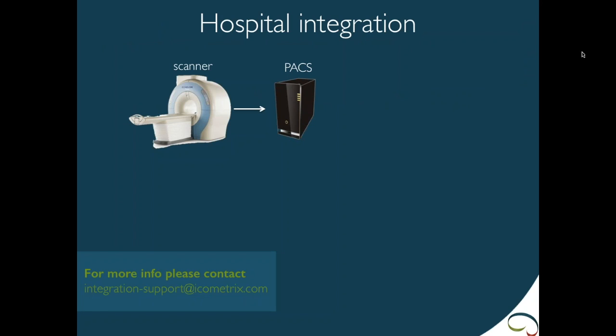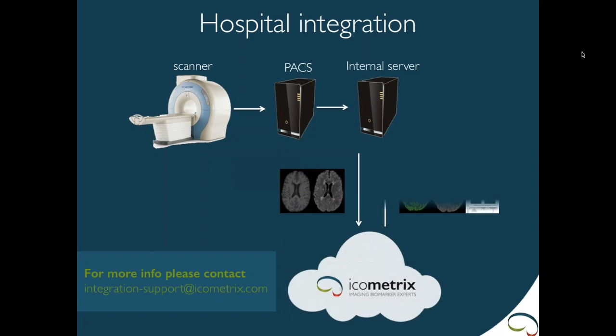The second option, mainly for centers that would send us more regular MRI scans, is to integrate into your hospital system. This means you can send data directly from the PACS to a DICOM router, which we install locally in your hospital. Automatically, the data are sent to our servers and analyzed, and the reports and the segmentations are sent back as a DICOM to the PACS.